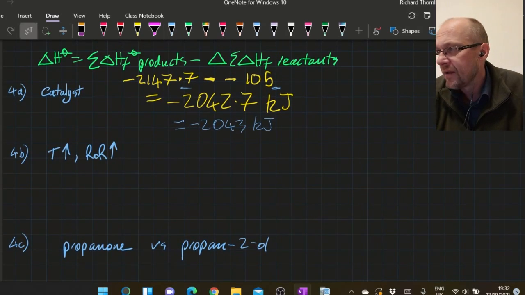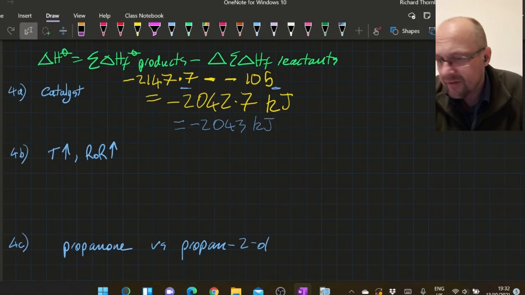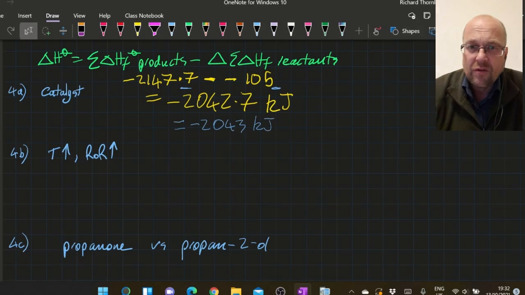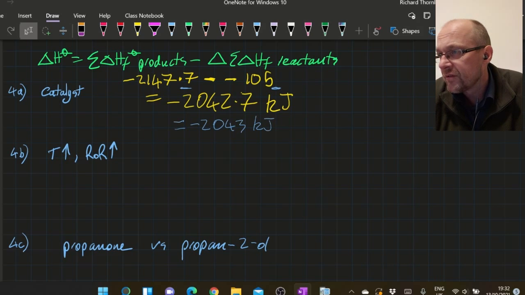Okay, 4A. Let's keep going. Oh, I thought I'd gone back again. So 4A, how does a catalyst increase the rate of reaction? So you can say it provides an alternate reaction pathway or it lowers the activation energy. Those are the 2 IB answers.